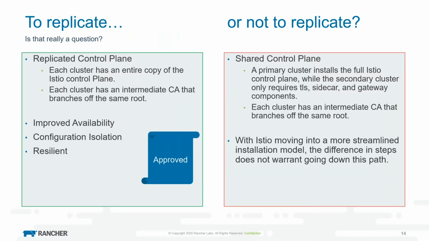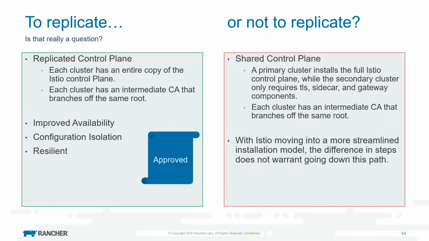So, moving on with questions. I had mentioned earlier that with Istio, you have the option of sharing a control plane or making a replicated control plane in each cluster. The TLDR here is that there's not that much less that you're doing in the shared control plane model to make the lack of availability, the configuration spread, and the lack of resiliency a useful exercise.